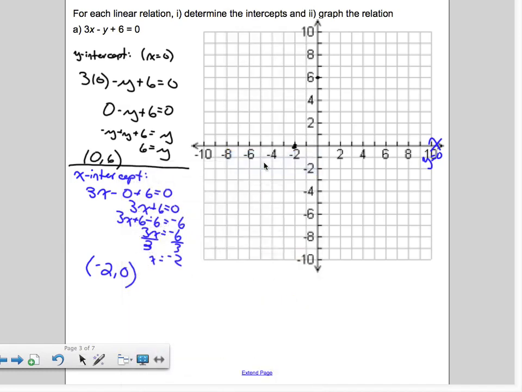We're going to make a straight line, and put arrowheads on there. Okay. So that's how you could graph a relation by just using the intercepts.